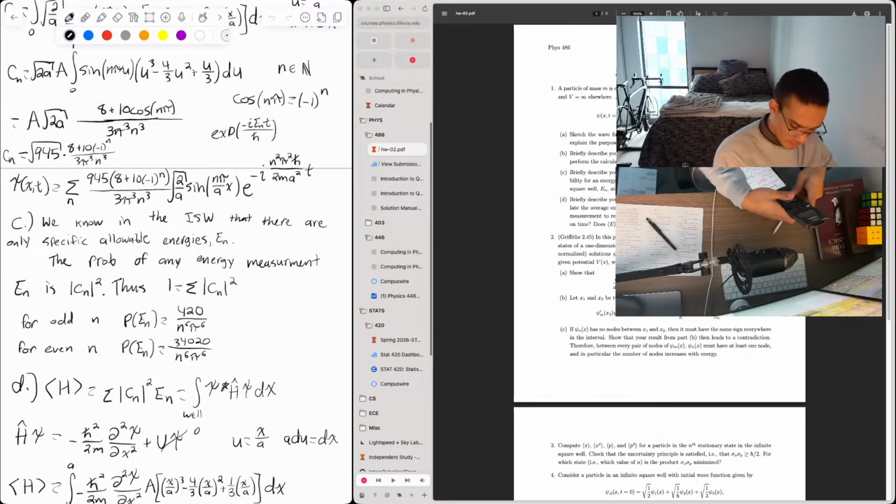Let me just make sure. If n is odd, then that will be negative 10. Absolute value.